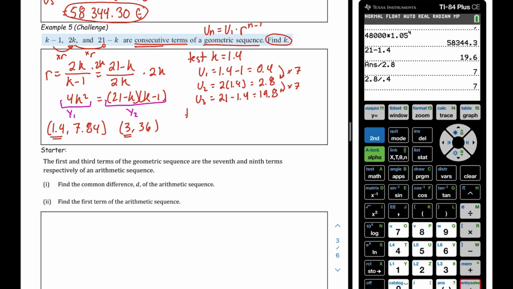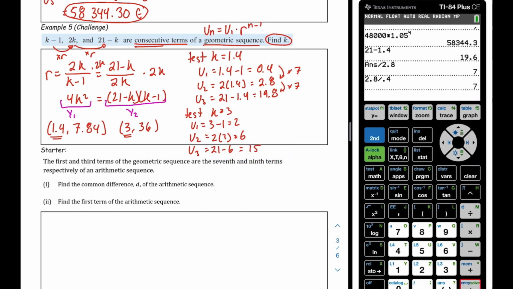Let's test if it also works for the value of k equal to 3. So for k equal to 3, our first term would be 3 minus 1, which is 2. Our second term would be 2 times 3, which is 6. And our third term would be 21 minus 6, which would be 15.